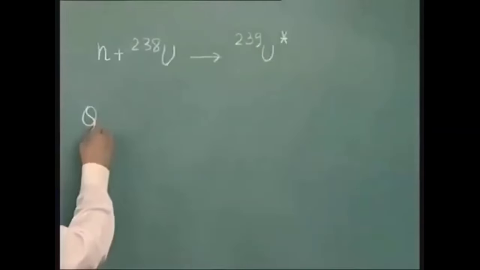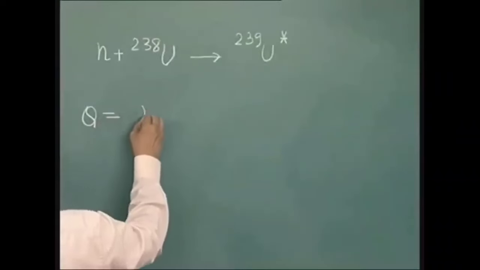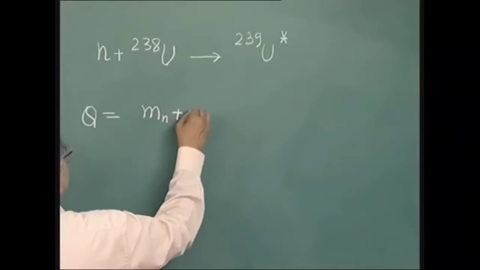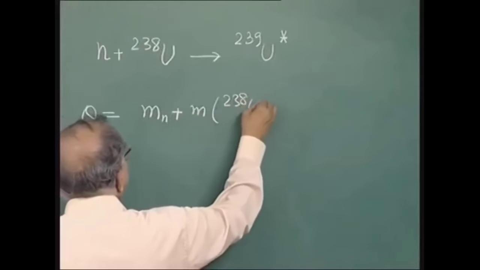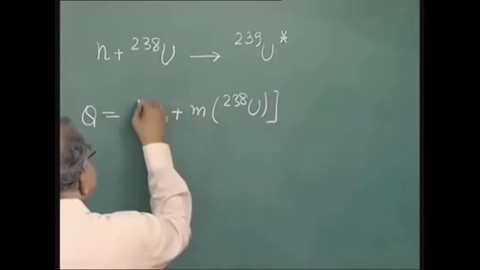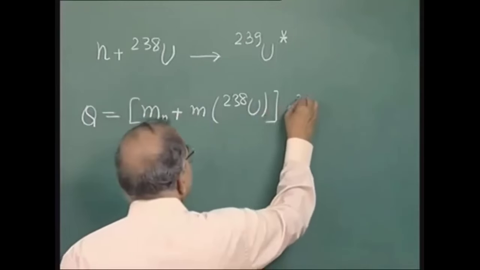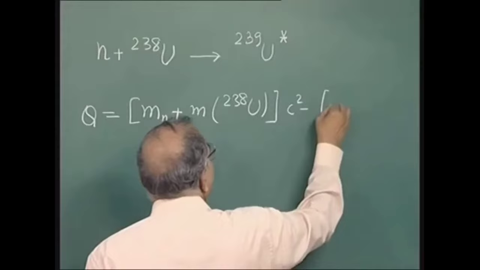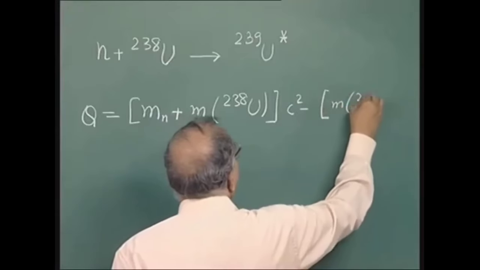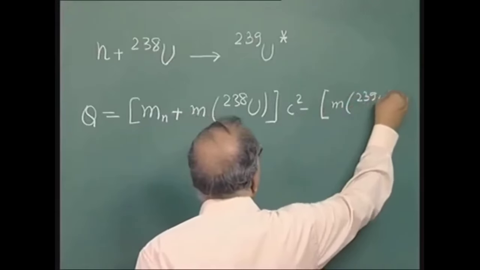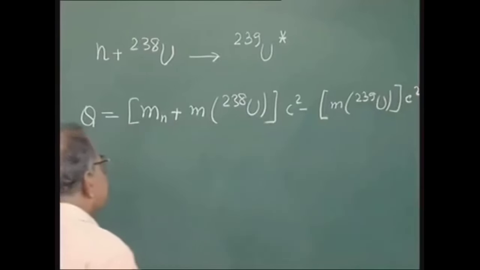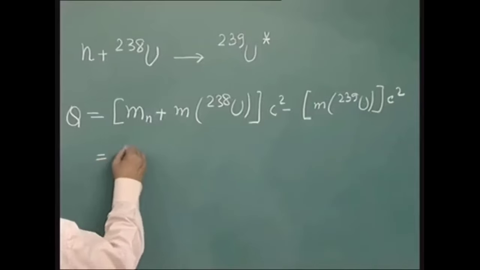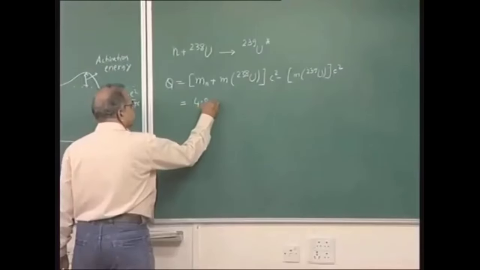The Q value here will be the mass of neutron plus mass of this uranium 238, times c square. This is the initial rest mass energy, and then minus the mass of uranium 239 in ground state. This is the Q value, and it comes out to be about 4.8 MeV.